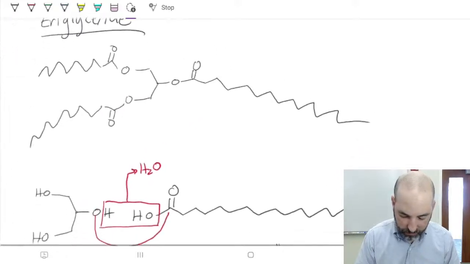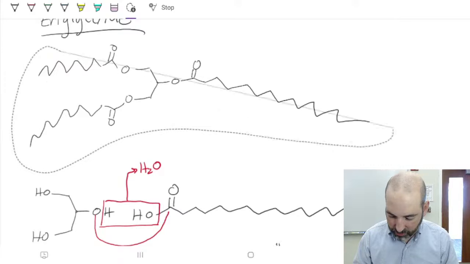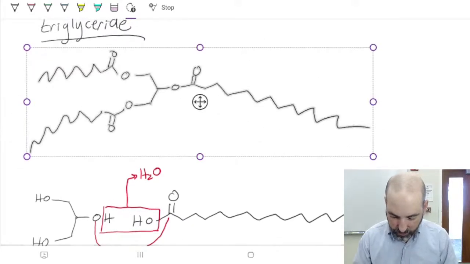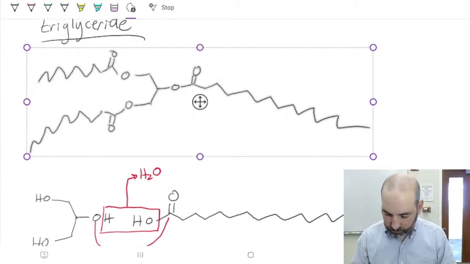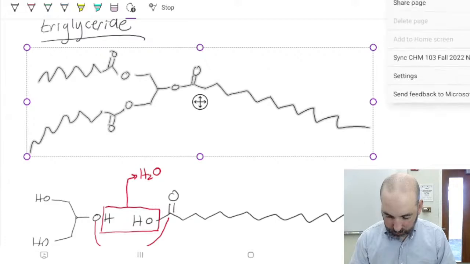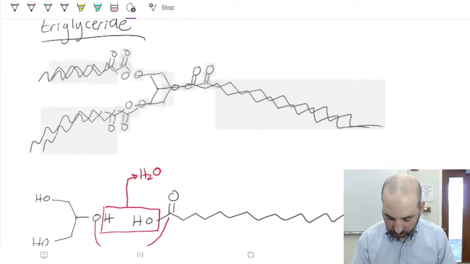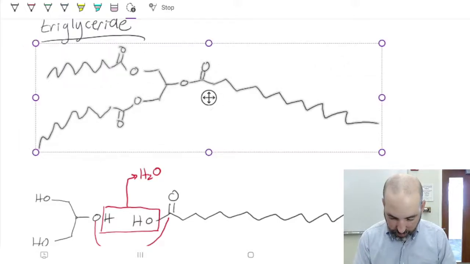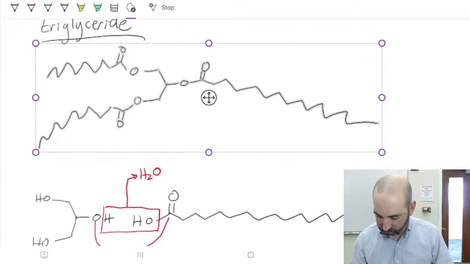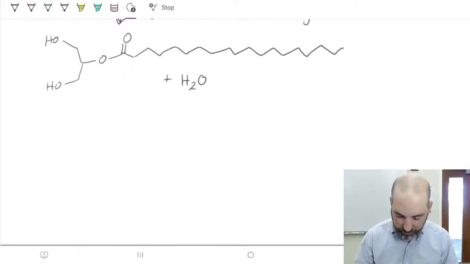Can I select this whole molecule? I can move it. I don't know how I copy it. I haven't tried that before. Maybe I can't do that. All right, I'll just redraw it.